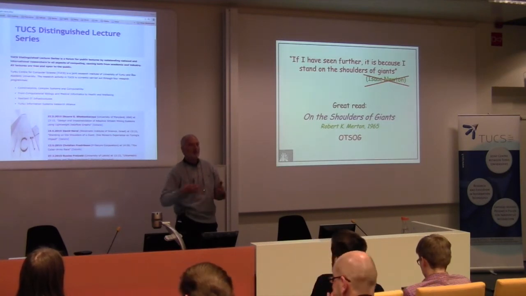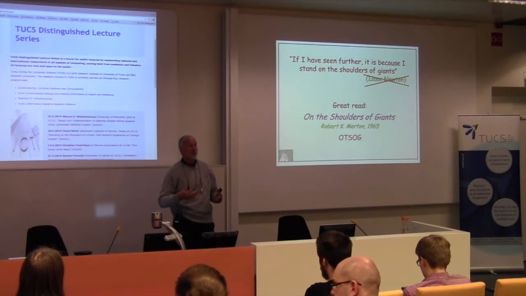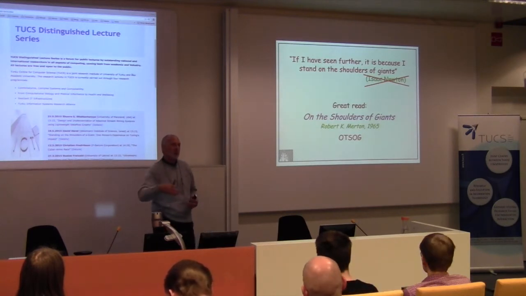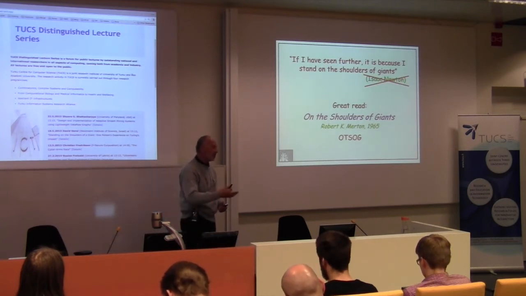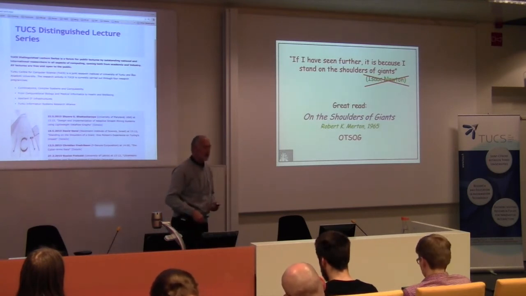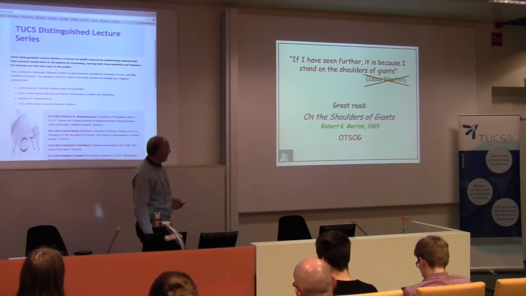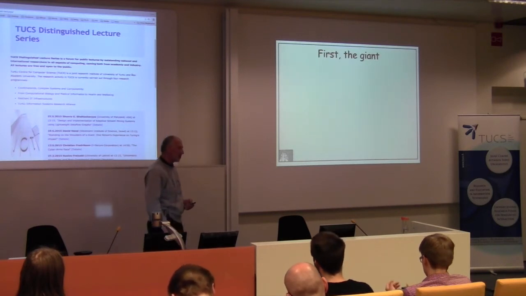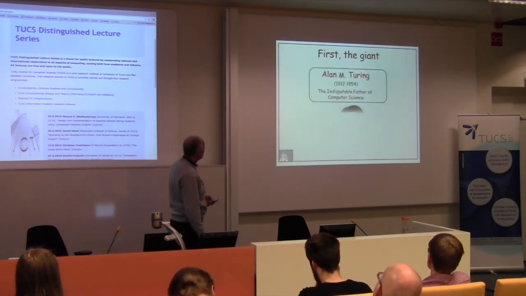It has hundreds and hundreds of references, but it's a fun book, and it's really like a mystery story where he investigates the origins of exactly this aphorism, and of course he finds that it appeared many generations before Newton.